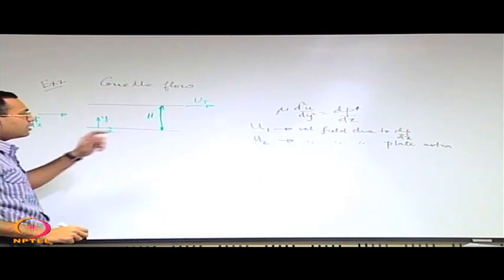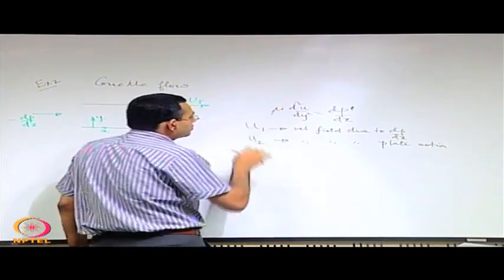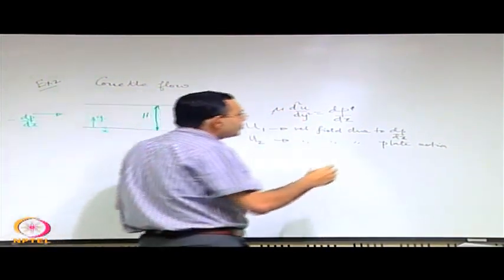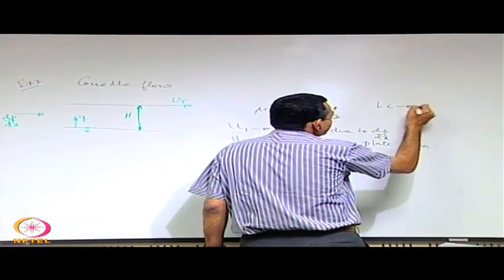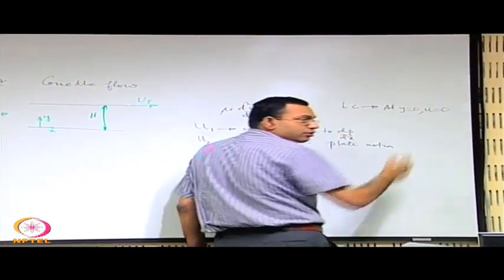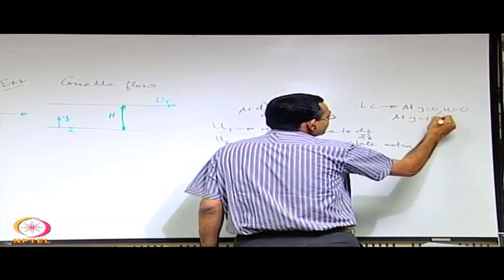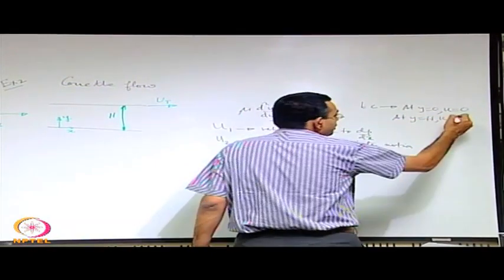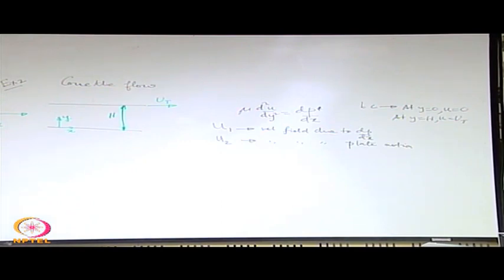So let us write the governing equation and boundary conditions for u1 and u2. On u, the original boundary conditions are: at y equal to 0, u equal to 0 by no slip; at y equal to h, u equal to ut, that is also by the no slip boundary condition.